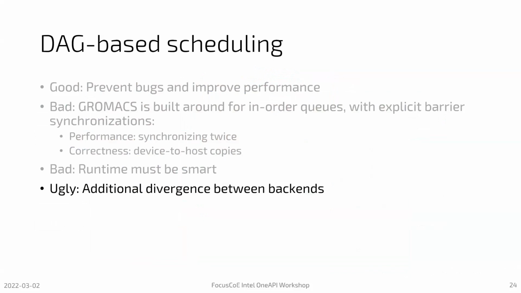And besides, having in-order queues for some backends and a DAG-based approach for SYCL, honestly, increases the maintenance burden. We are not a big team, so we cannot support two completely different scheduling approaches.